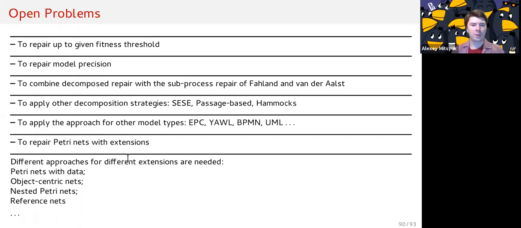There are a lot of them, but I would stress the last one in this list, because this open problem is related to the whole family of Petri nets and their extensions. As far as I know, there are no repair methods for Petri nets with extensions.